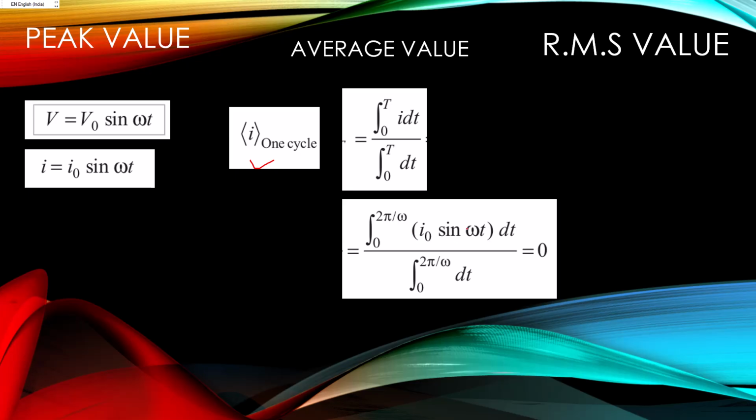Now sin omega t over a full cycle leads to 0, so the full term is 0. So the average value of current or voltage over a full cycle is 0.